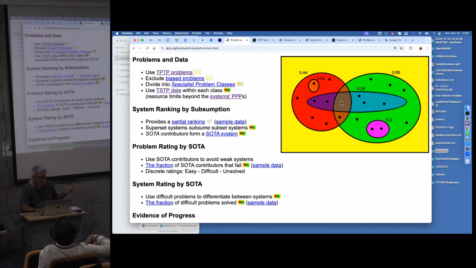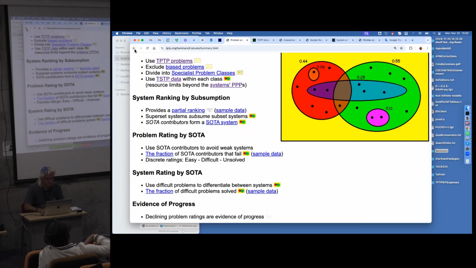The red guy solves 44%. The green guy solves 55%. The funny shaped guy solves 28% of the problems. Then a businessman comes to me and says, which one shall I buy? I say, how much money do you have? And then they tell me, and I say, for you, I think you should buy the green software. And that's advice for business. So that's a useful thing to do.